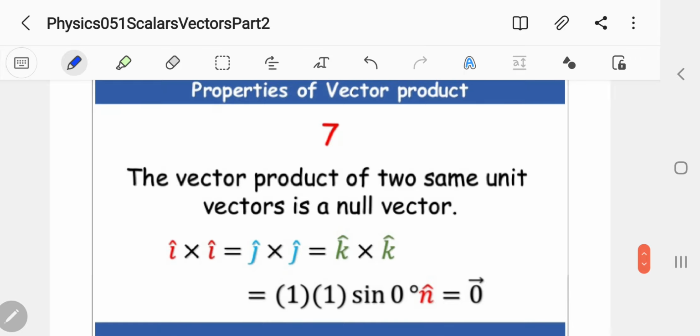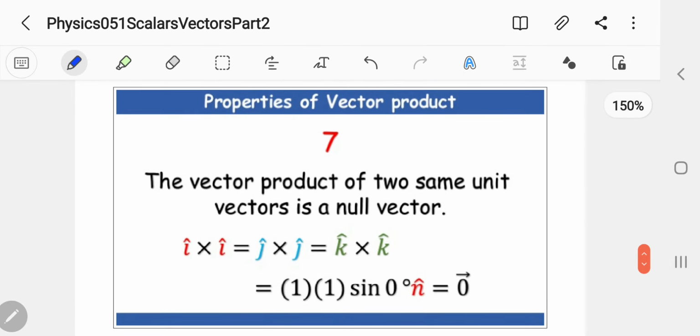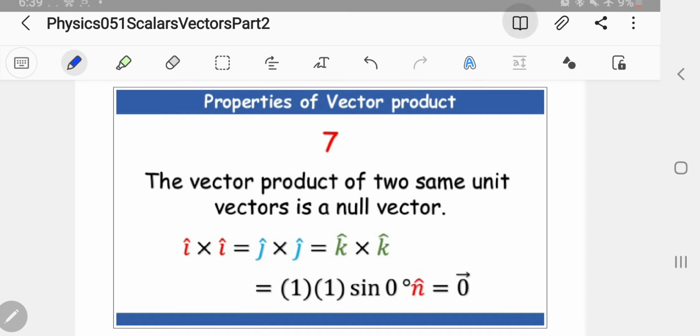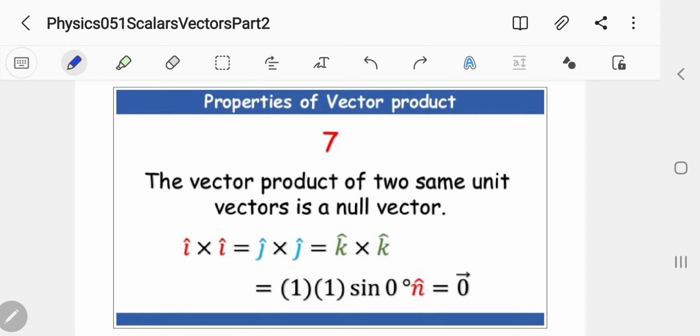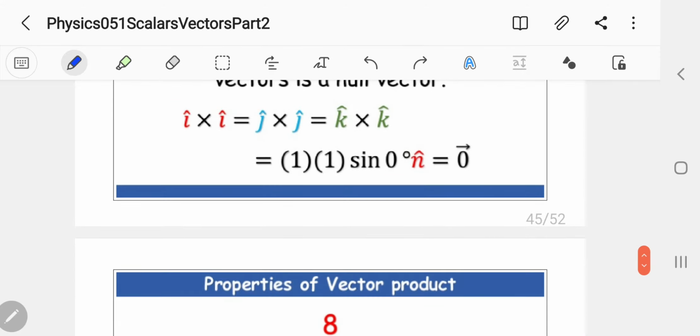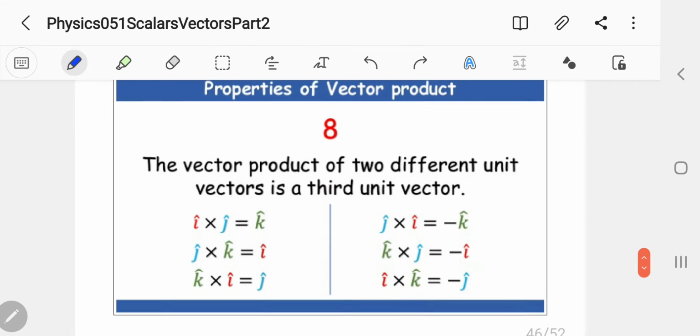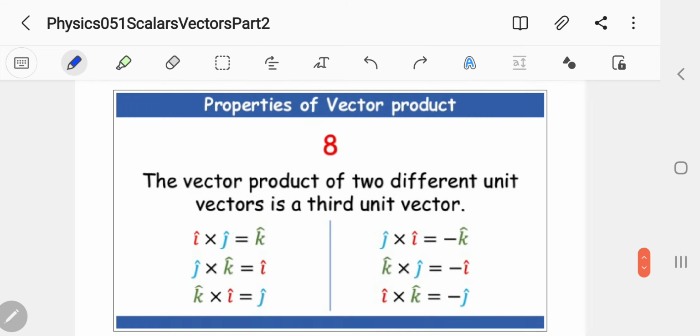And then for vector products, i cross i, j cross j, and k cross k would be 0, because the angle between them is 0. But if you use your right hand, i cross j would be k.